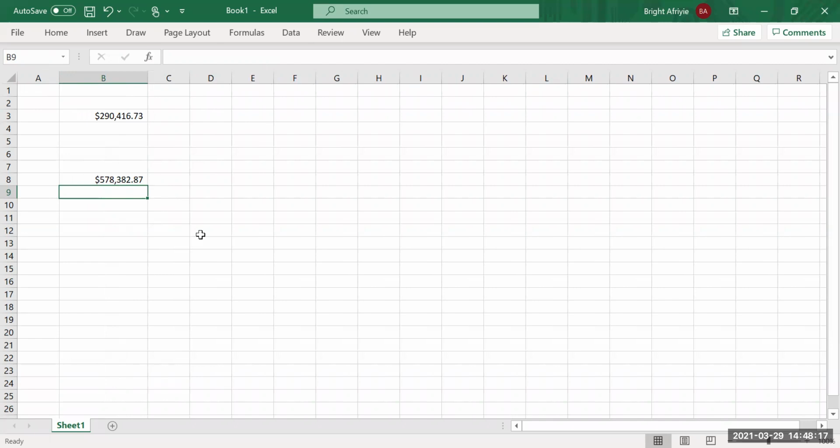Okay, so we have that number to be 578,382.87 as the balance. So let's go back there and grab the question one more time.